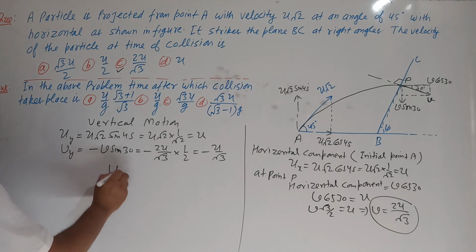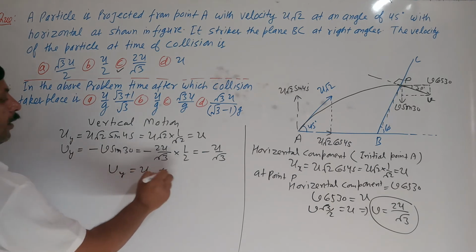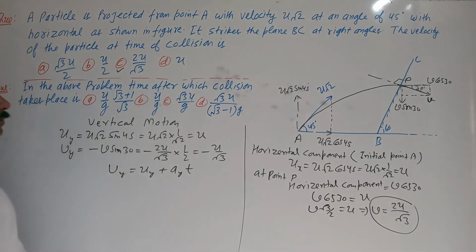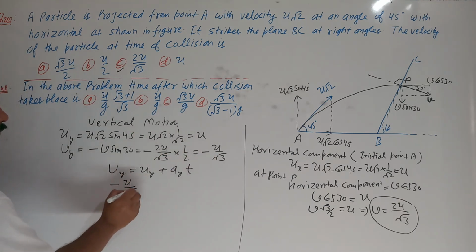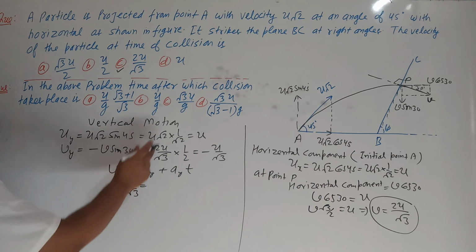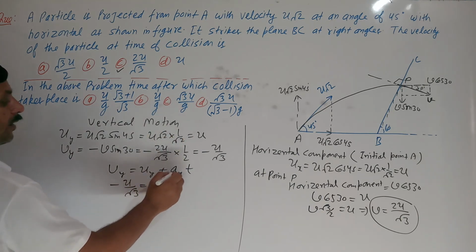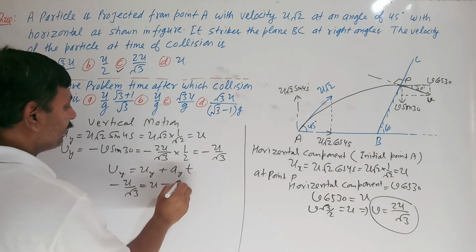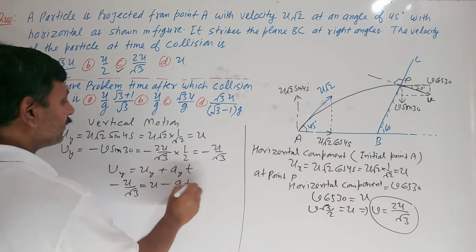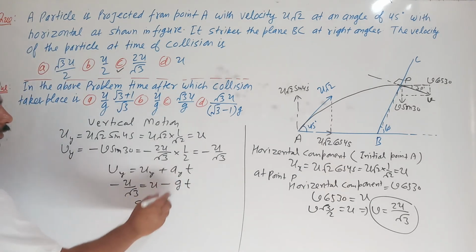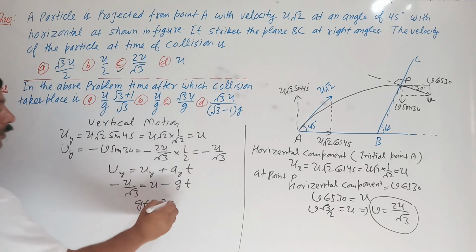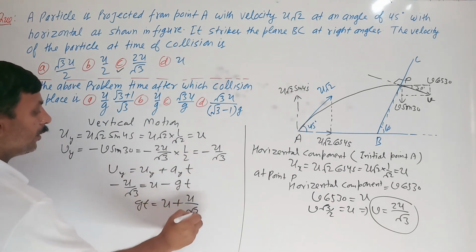See, v is equal to u plus at. What will be the time? Minus u upon root 3, initial velocity u, acceleration downward, that is minus gt. So gt you will take to the left, gt is equal to u plus u upon root 3.